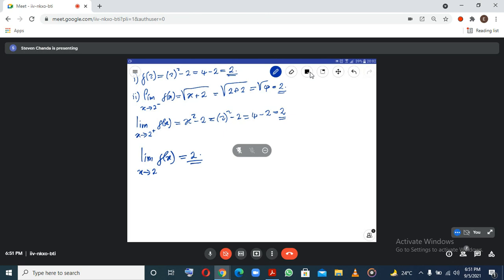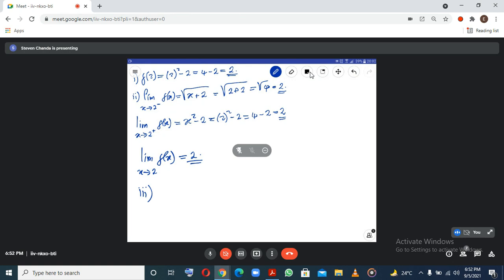So this is very interesting. Why are we saying that the limit is there? Because coming from the left and coming from the right gives us the same thing. So now we can make the third statement.